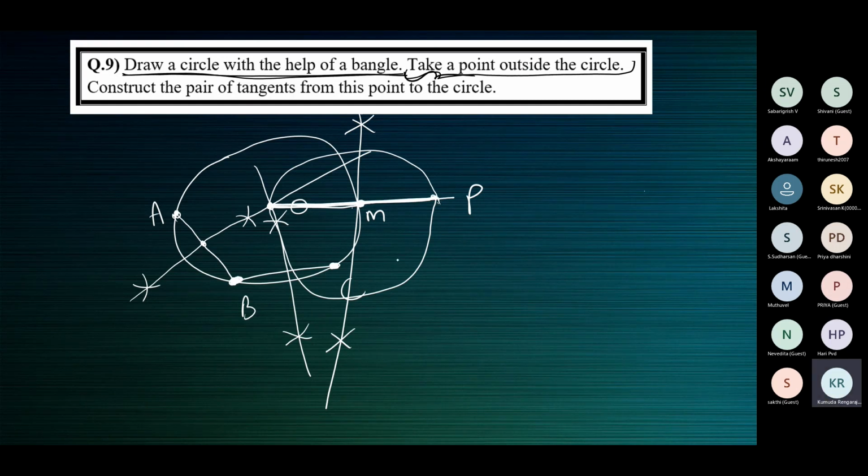Now this new circle intersects the original circle at these two points. These are the points of intersection of the two circles.